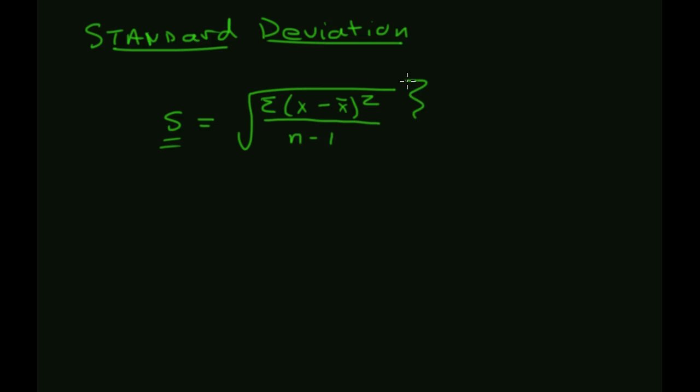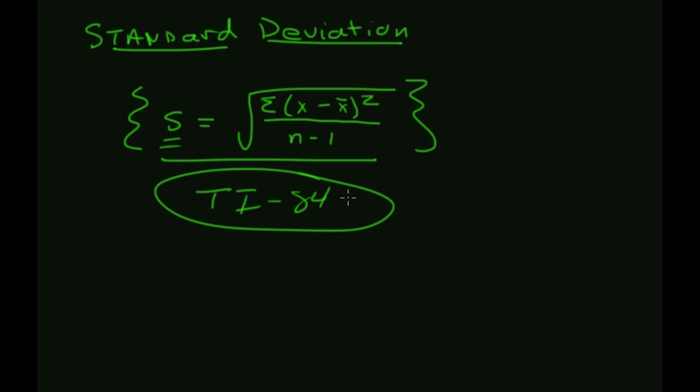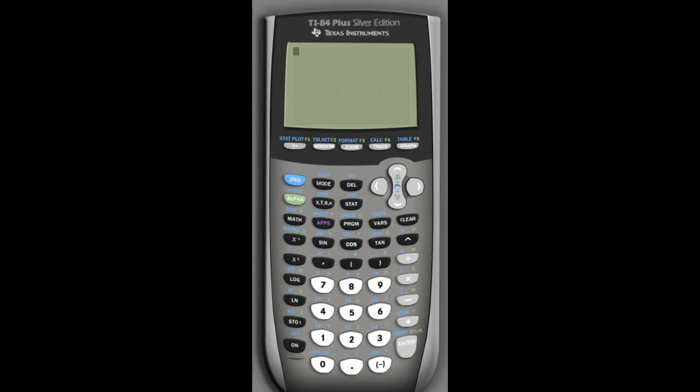We're not going to go into great depth as to how that comes to be. That's for a later course. In fact, you're never going to have to use or memorize this formula, because it is built into your TI-84 calculator, and we're going to leverage it to calculate the standard deviations that we need for this course.